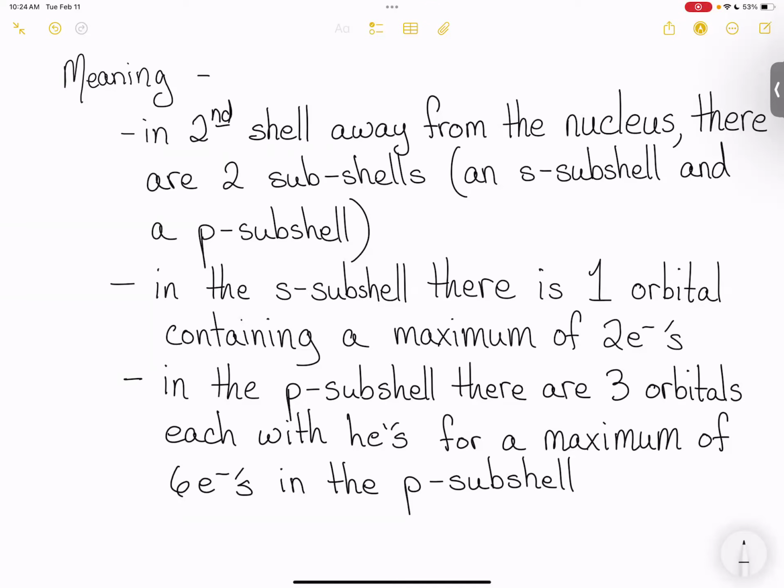Minus the lanthanides and actinides, which some periodic tables will show here, some will show here. How many electrons do you think an F subshell can hold? 14. Because there's 14 elements across.